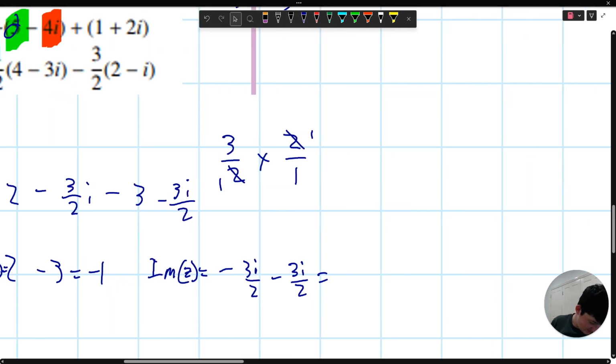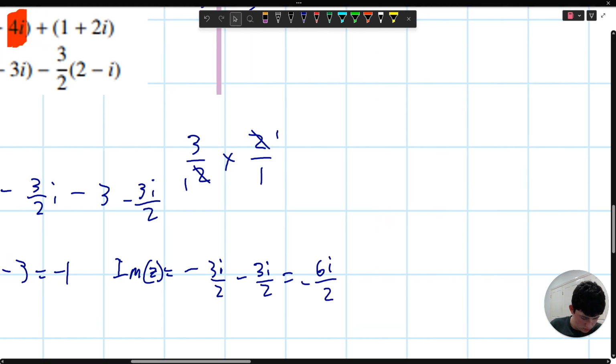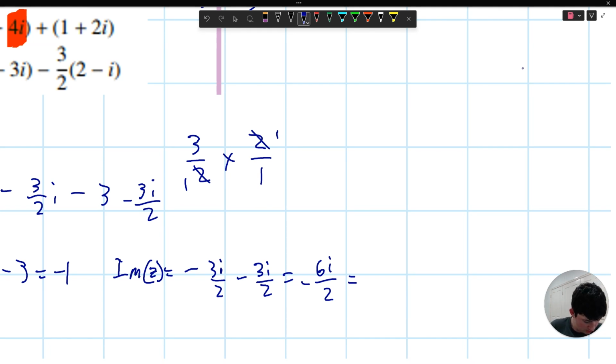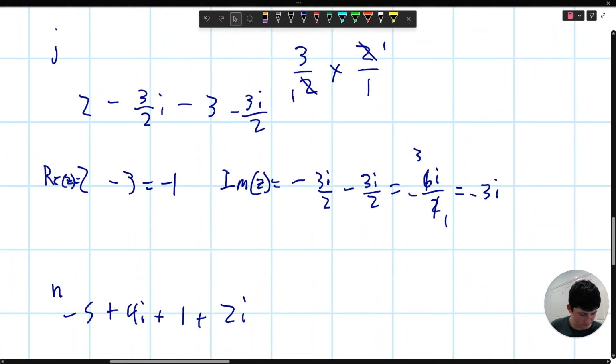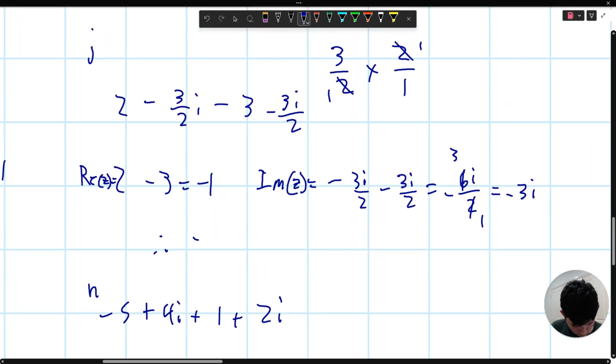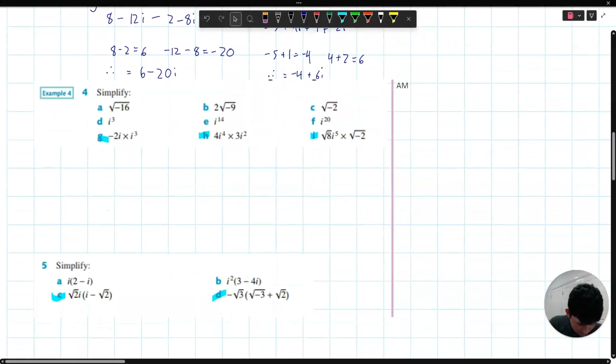And now it stands to reason that we can say negative 6i on 2, and we can just do this again, negative 3i, because we can just cancel this, therefore equals negative 1 minus 3i. Simple enough? We move on.